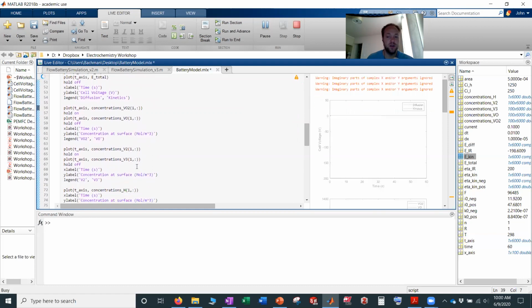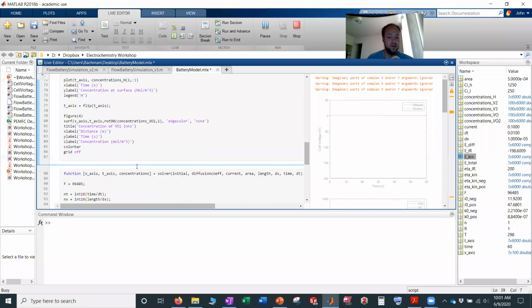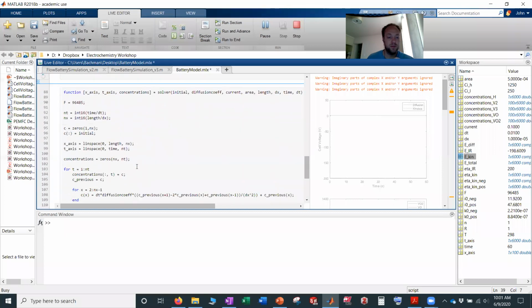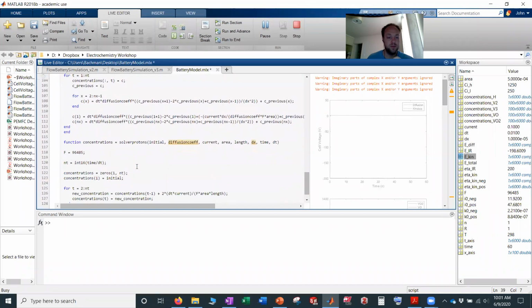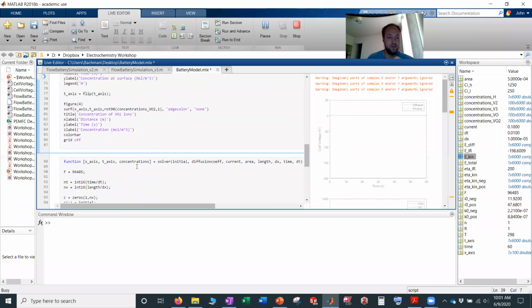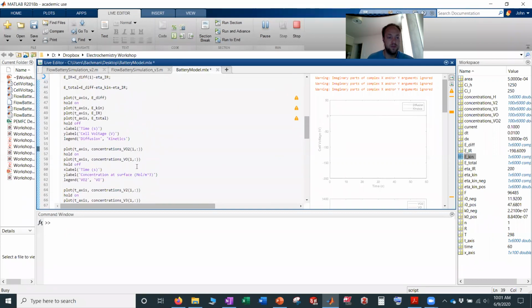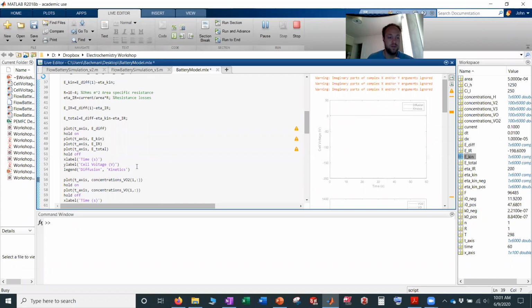It looks like the code just runs slow. Really, why did it take you that long to plot this?